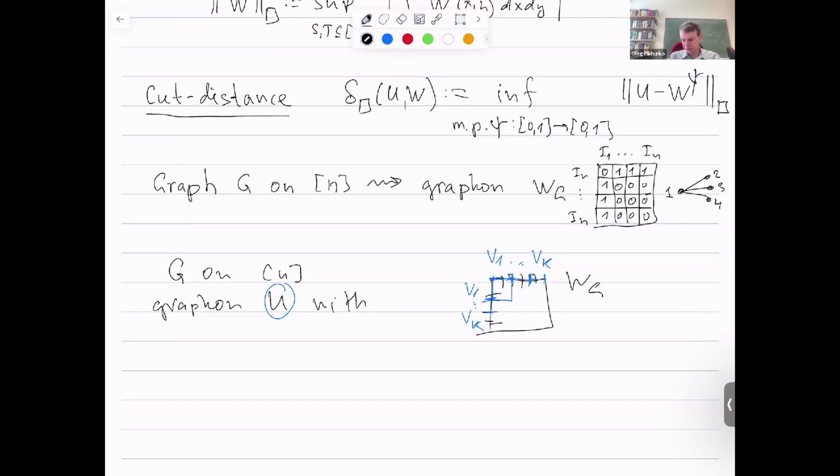Again, since I won't be proving any results, I can be kind of informal. So U is a graphon with k steps, with k usually some constant much smaller than n. And we know that if I take the cut distance between W of G and U, already aligned properly, then this cut norm is small.